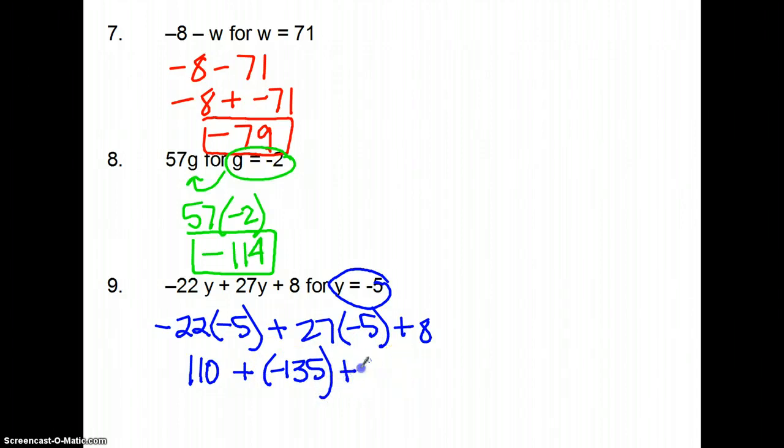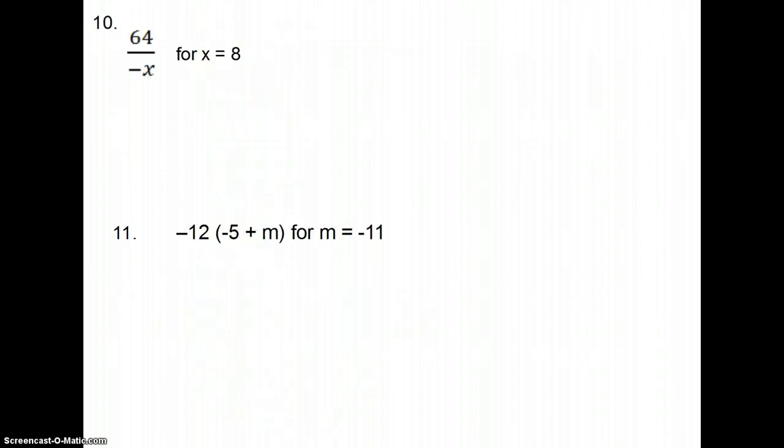And then I cannot forget about this plus 8. By order of operations, I work from left to right. So I have 110 minus 135, which gives me negative 25. Plus 8 is negative 17. Make sure you use order of operations on all these problems.